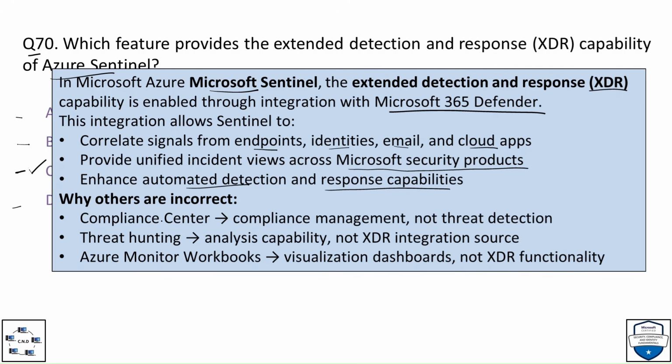Why are the other options incorrect? Compliance Center is compliance management, not threat detection. Threat hunting is an analysis capability, not an XDR integration source. And Azure Monitor workbooks are visualization dashboards, not XDR functionality.